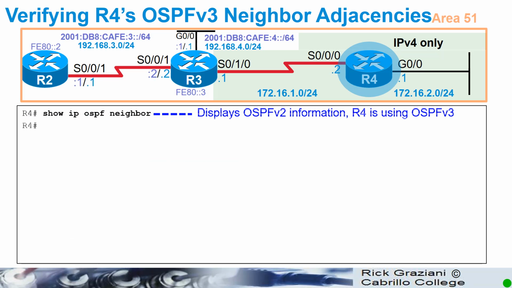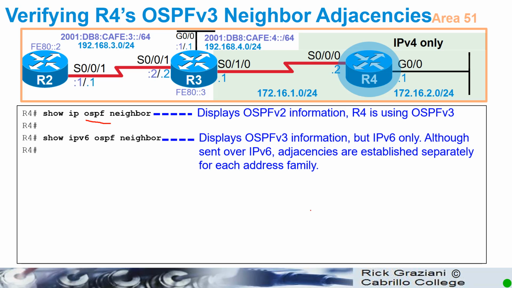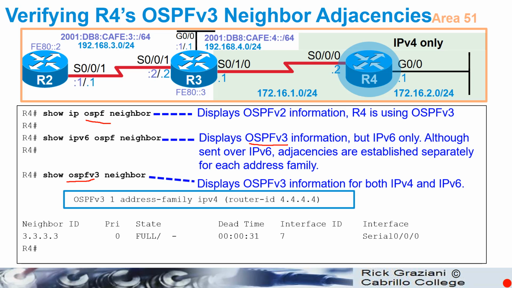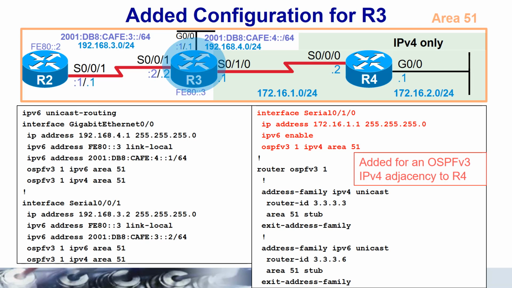If we're looking at our neighbors, again, this is using OSPF version 2, so you cannot use this. When you do v6, it's assuming you're doing version 3 of OSPF, so it'll show you some information, but for everything you want to be able to get, use OSPFv3, because that's going to show you all of the information that you need. Address families for both IPv4 and for IPv6.